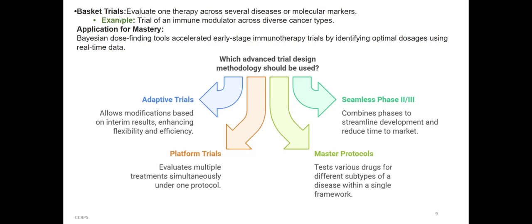Example for basket trials: a trial of an immune modulator across diverse cancer types. Application for mastery: Bayesian dose-finding tools accelerated early-stage immunotherapy trials by identifying optimal dosages using real-time data.